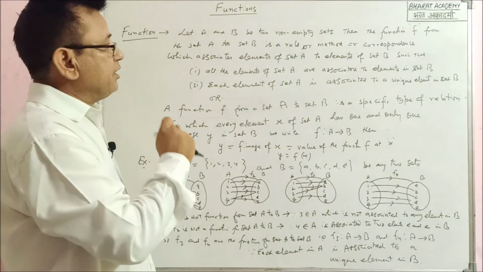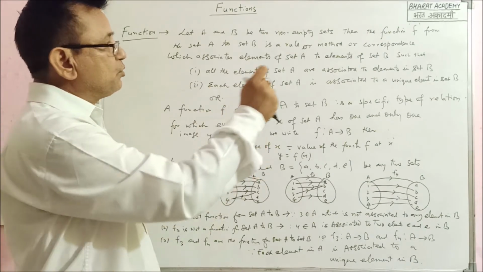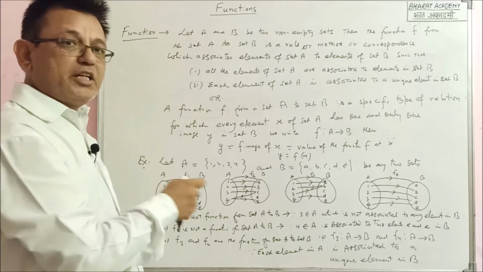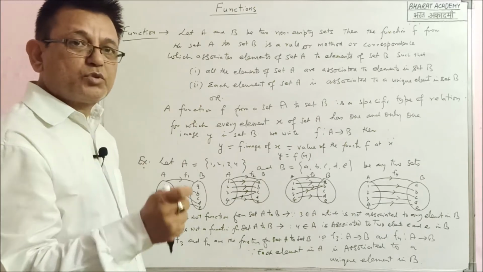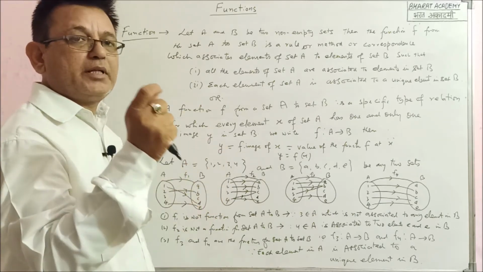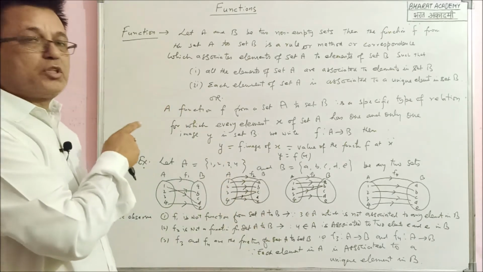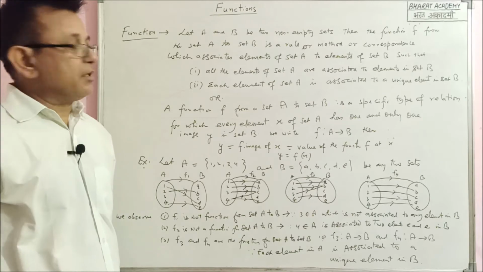First, all elements of set A are associated to elements in set B. Second, each element in set A is associated to a unique element in set B. This is the first definition of the function based on mapping.